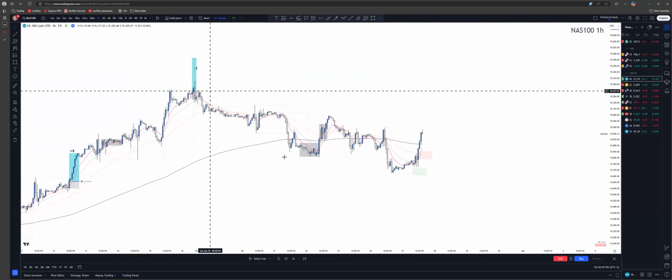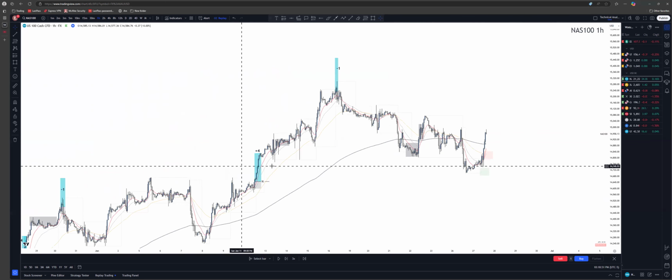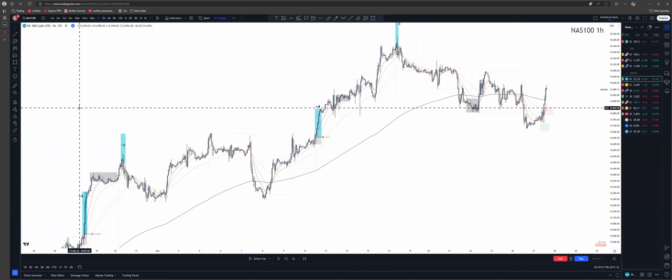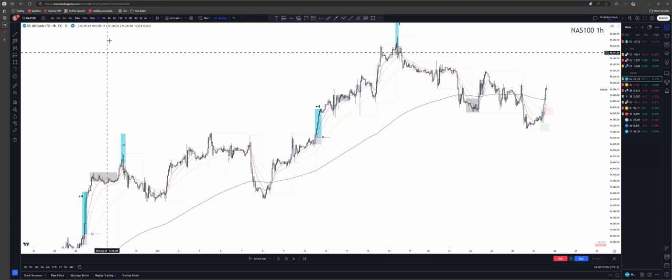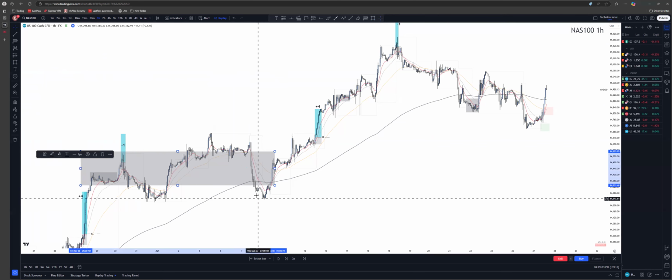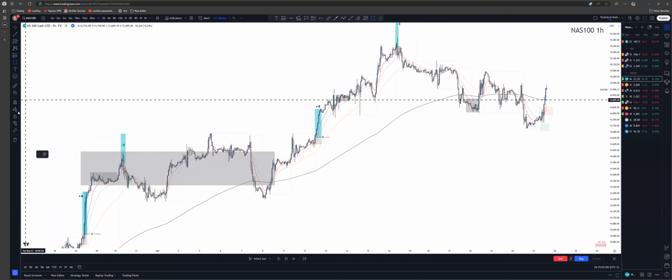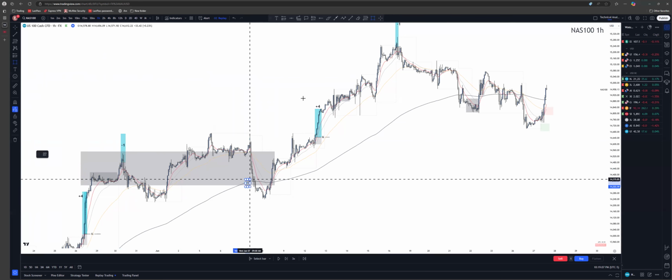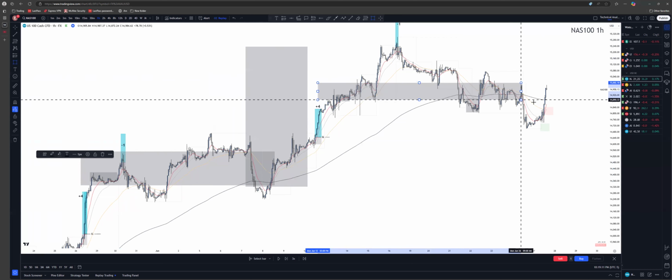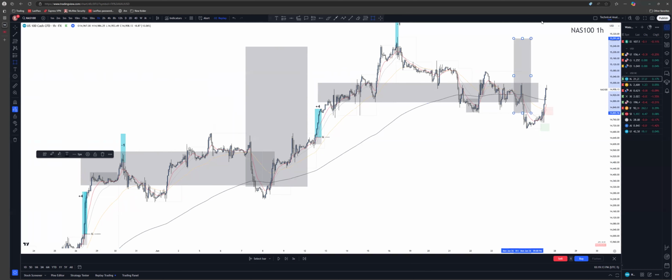All while understanding where we are on the higher time frame context. And I mean, you can see it through the lower time frame, but we do have this larger stage one into stage two, into longer term stage one, into hopeful stage two, right?